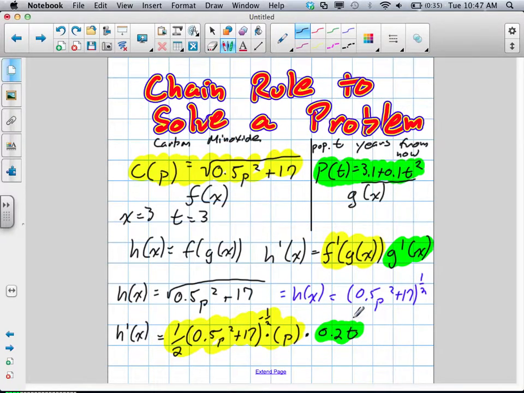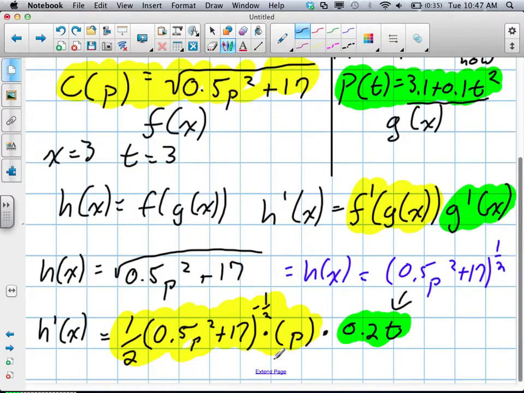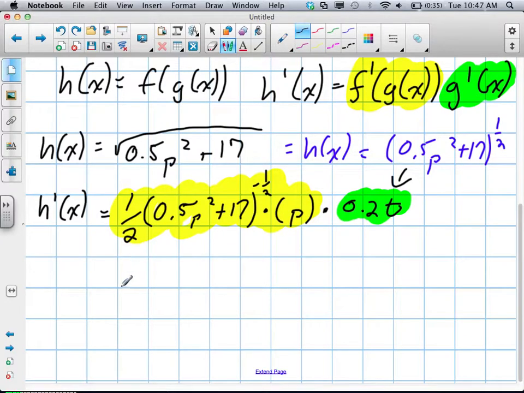So we can plug that into this part of the equation, but we have a p in terms of the rest of this, so we actually have to solve for p in terms of t. I'm going to zoom in a little. We know t is 3 years from now, and we know the equation p at t.